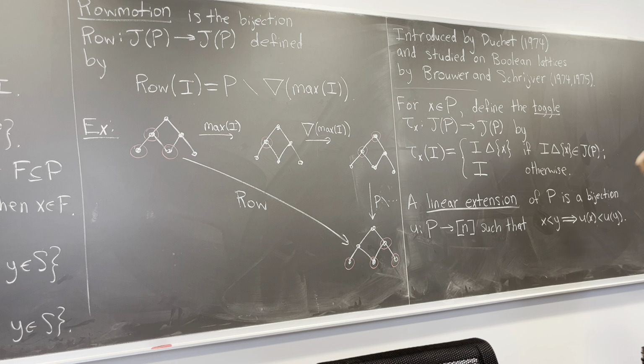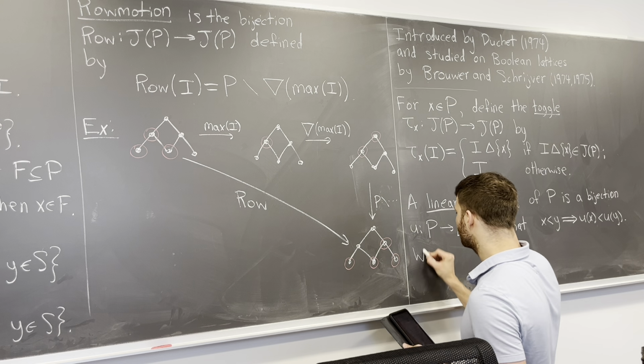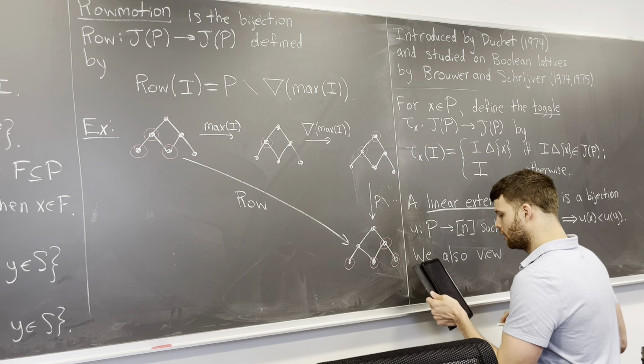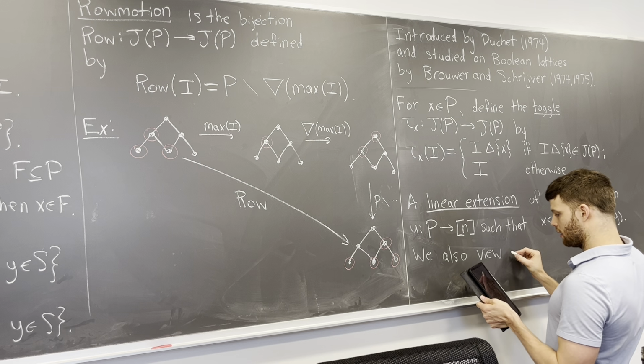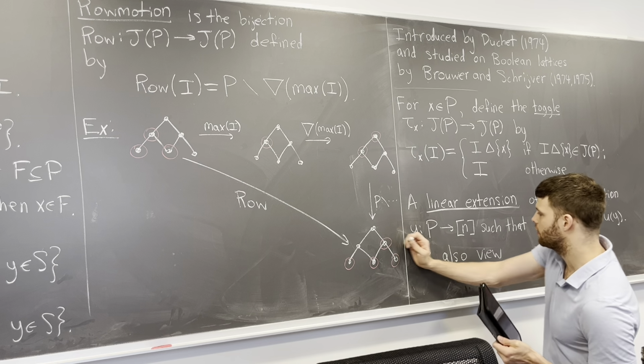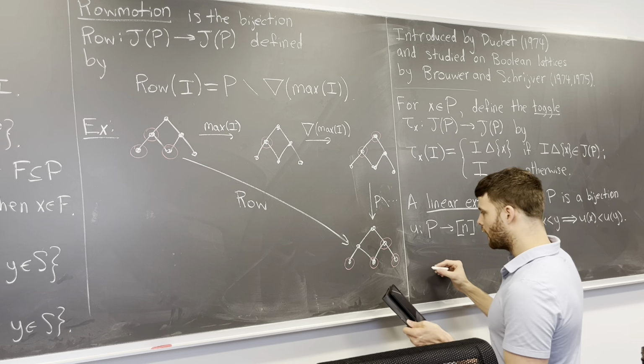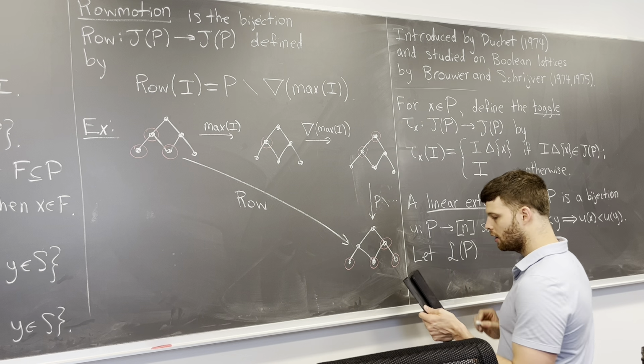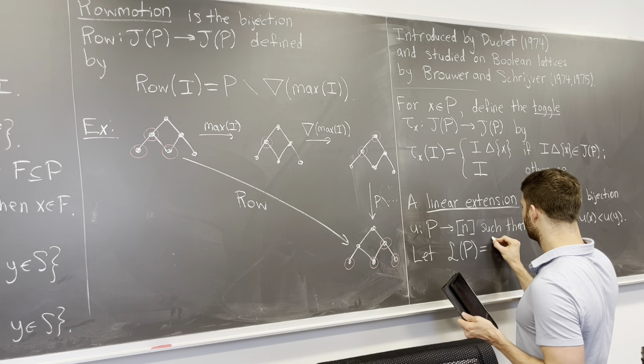If I pick a chain in the poset and start walking up this chain, the number should be increasing as I go up. Oh, maybe I should define, sorry. I'll let script L of P be the set of linear extensions of P.